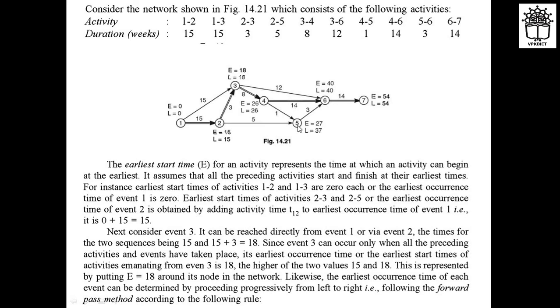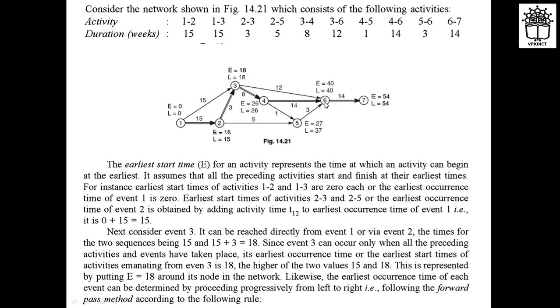Then at 5, that is 27 plus 3, again it is 30. So what will be the maximum out of these 3? 30, 40, 30. Which one is the maximum? Can anyone tell me? 40. So that's why E will be 40 for the 6th one.